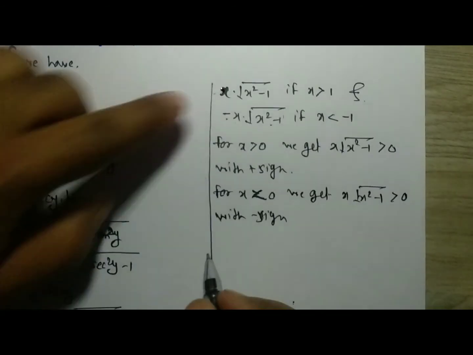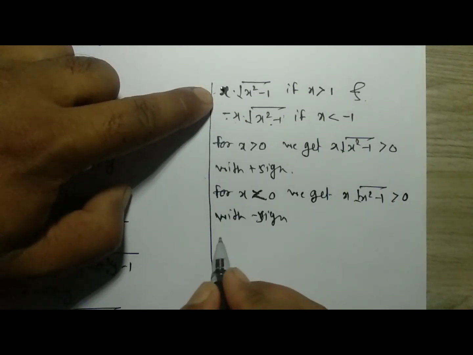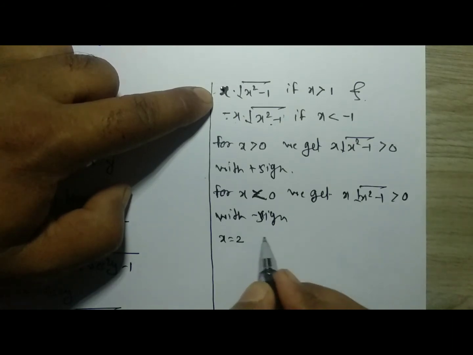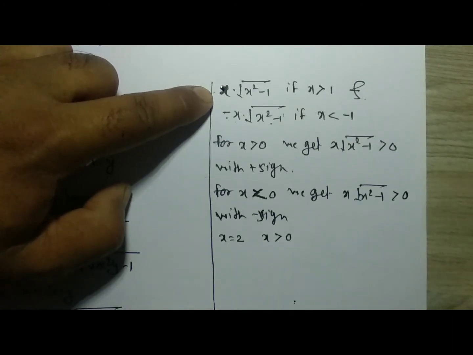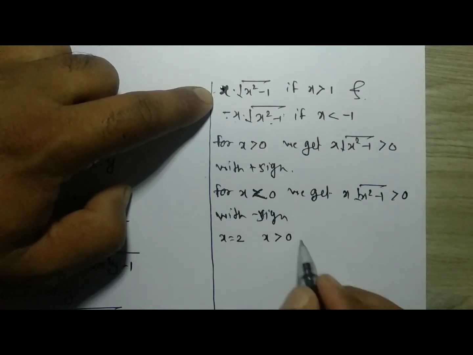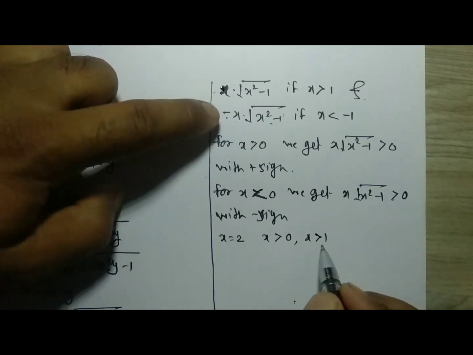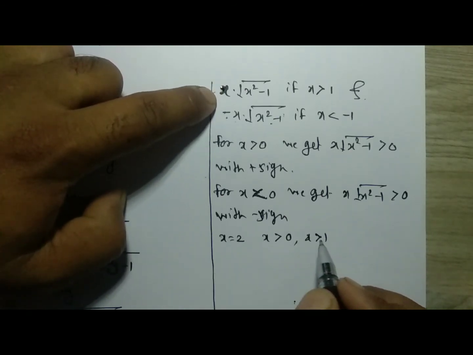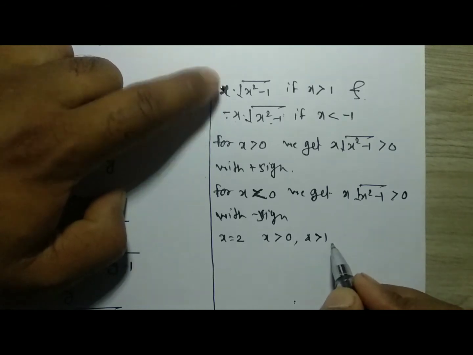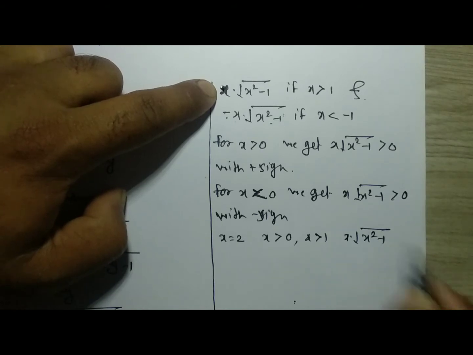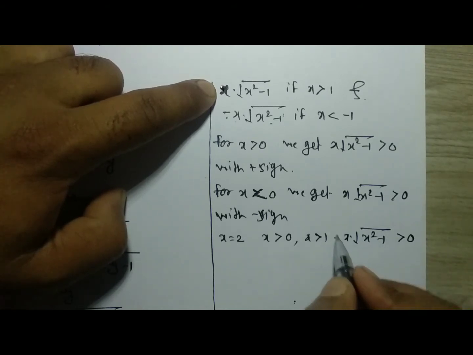For example, we have to consider here when x is equal to 2. At that time x is greater than 0, and it is also greater than 1. Therefore, if you put the value of x equal to 2 inside x into square root of x square minus 1, it is always greater than 0 with the positive sign maintained.